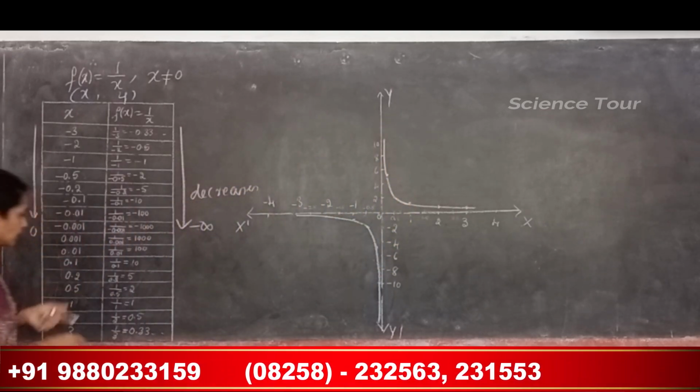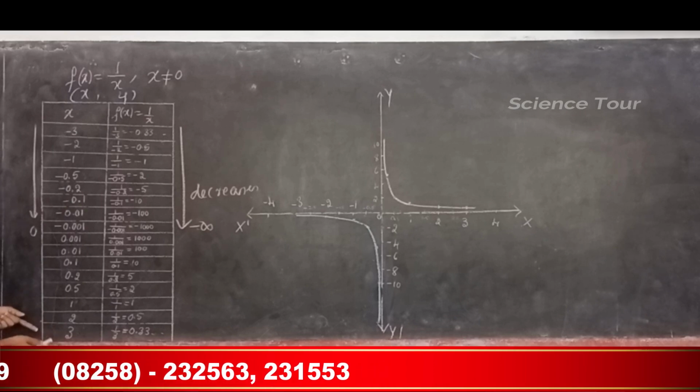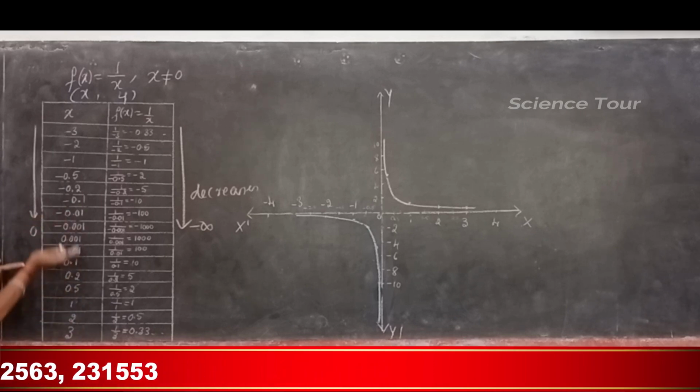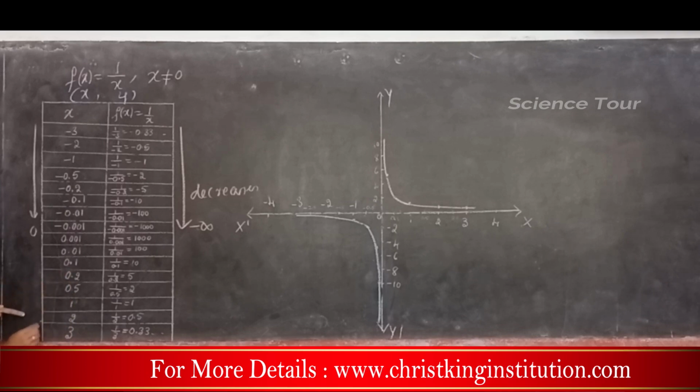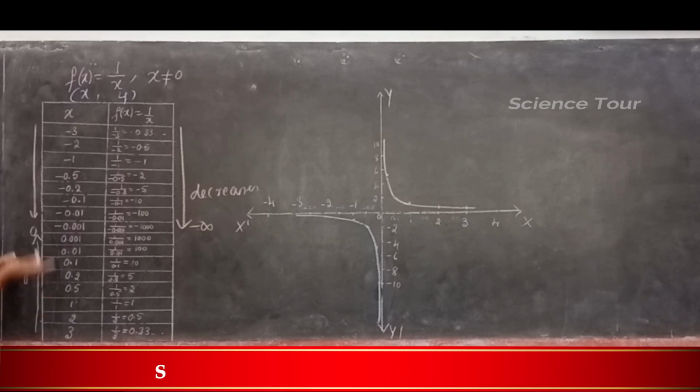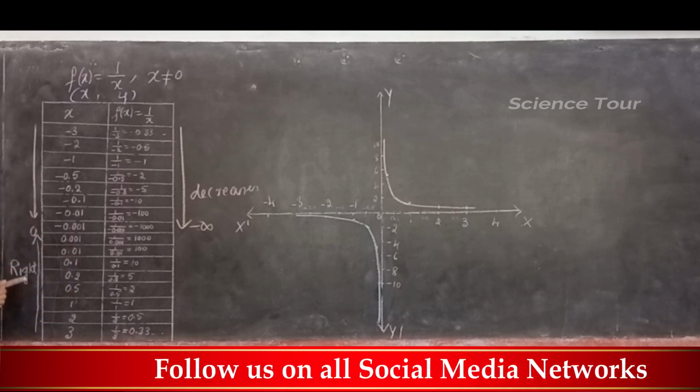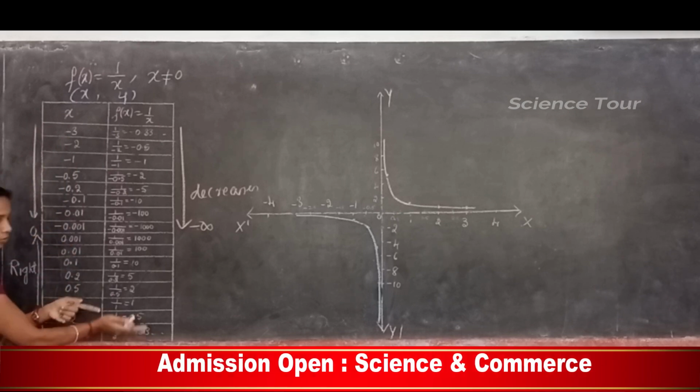That you can see in the table also. From here to here you have to see from bottom to top. Here we have taken 3, 2, 1. These values are closer to 0 from the right side of 0. As you give values of x closer to 0, how are the values of f of x?